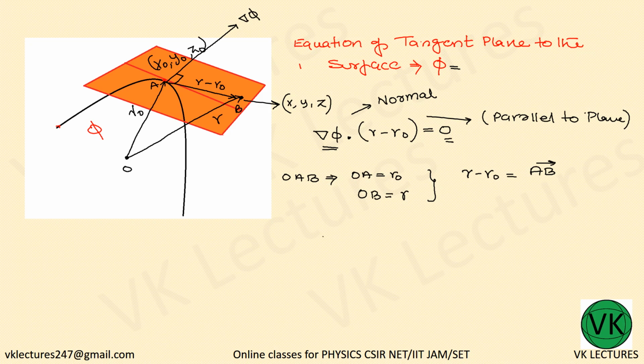Then you can get our equation of a tangent plane to the surface, that is nothing but del phi dot r minus r naught itself, or you can write it in terms of del phi dot AB, vector AB.